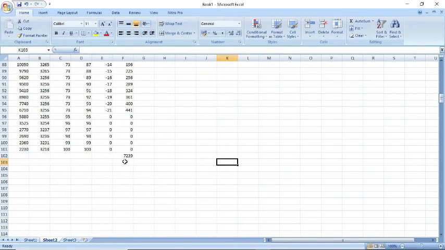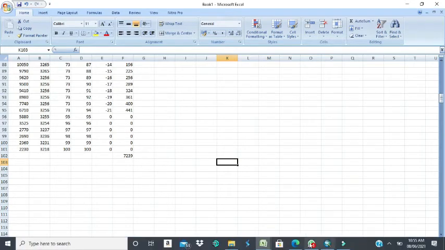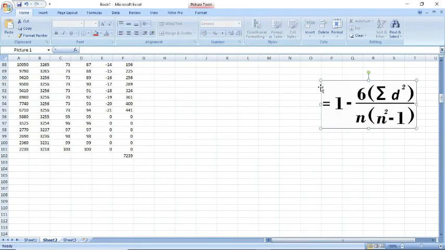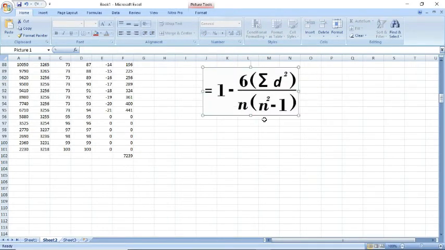Now, according to Spearman's formula, we have something like this. So that is the formula we are using, right? The summation of this is this already, right?